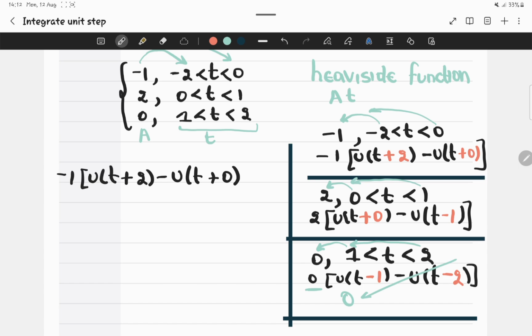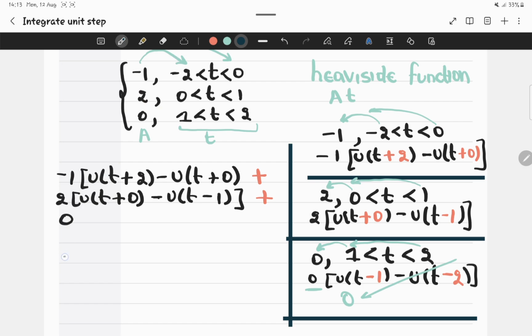Plus the second one, 2 u(t) plus 0 negative u(t minus 1). Plus 0. Just so you don't get confused, this plus sign is how you add all the intervals. Then if I rewrite this, we don't need the 0.